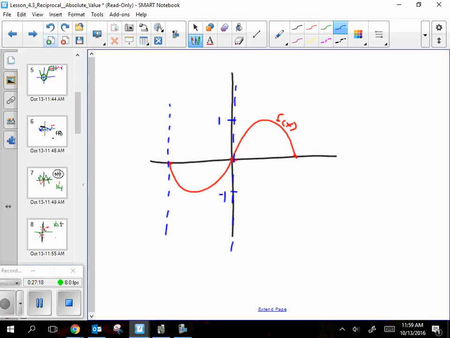Asymptote, asymptote, asymptote. So it's all about making those asymptotes and then finding the spots where the two graphs are going to cross. When is f of x the exact same thing as 1 over f of x? 1. And what else? -1.